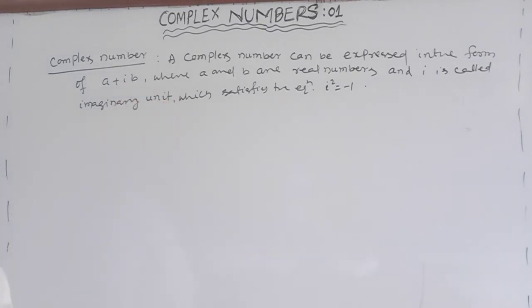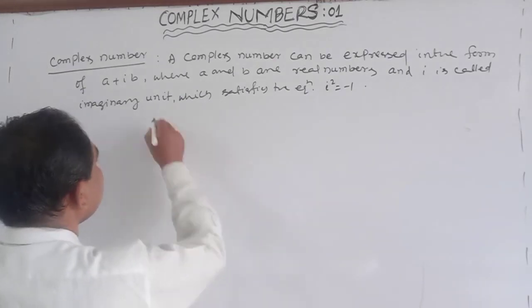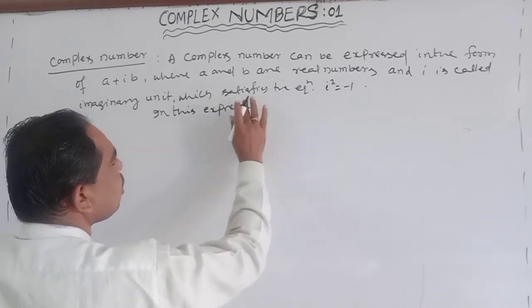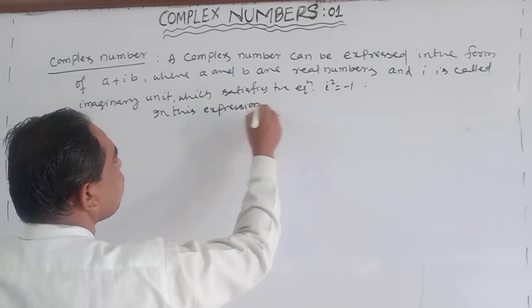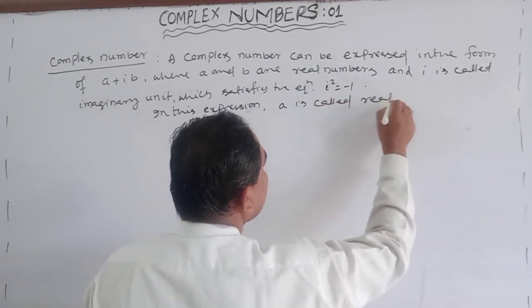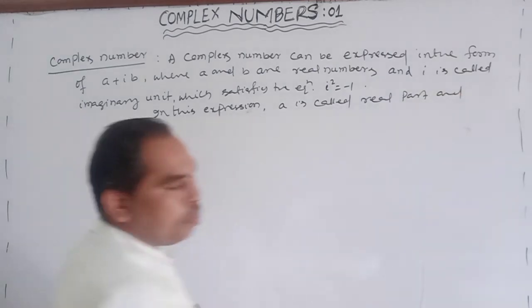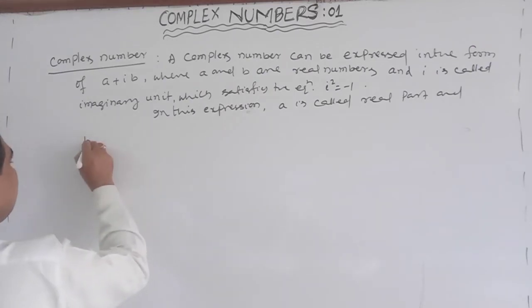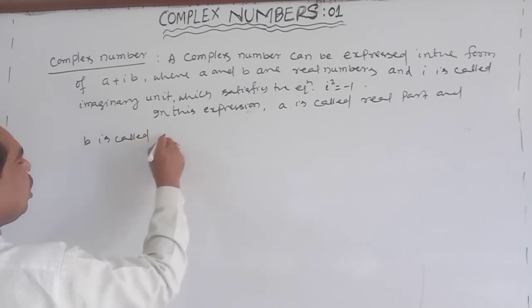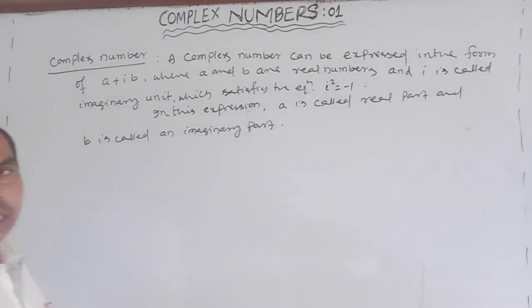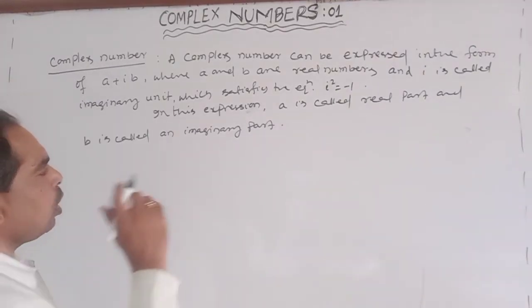In this expression, a is called the real part and b, that is the coefficient of i, is called the imaginary part of the complex number.